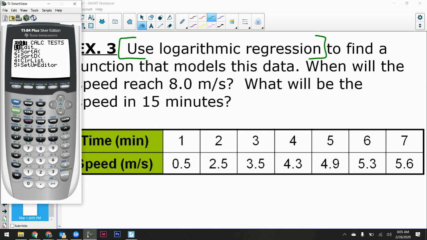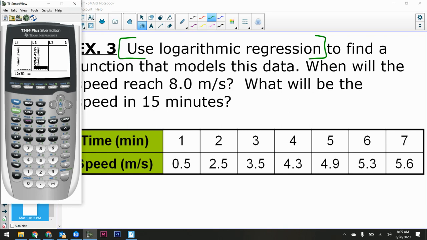So I'm going to go into my calculator. I'm going to go stat edit, clear out everything that's there. I better check mine.